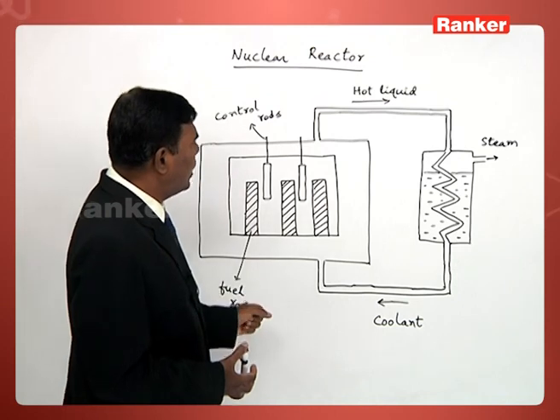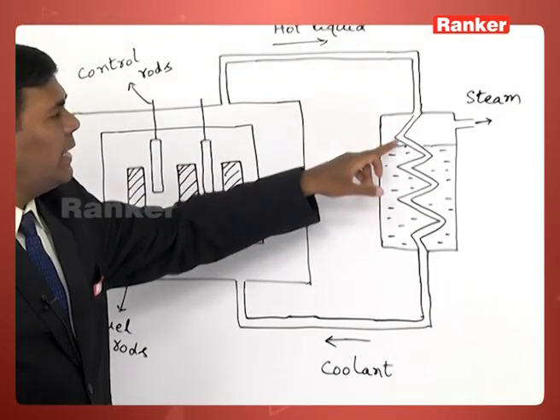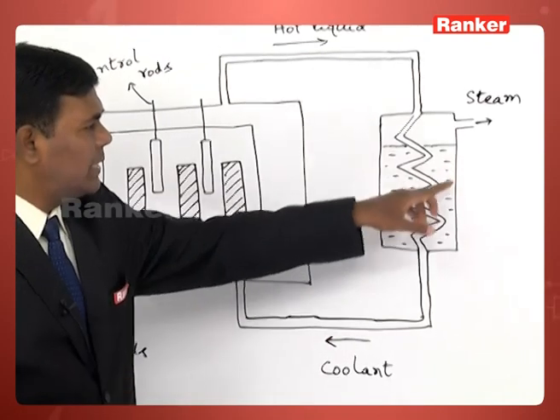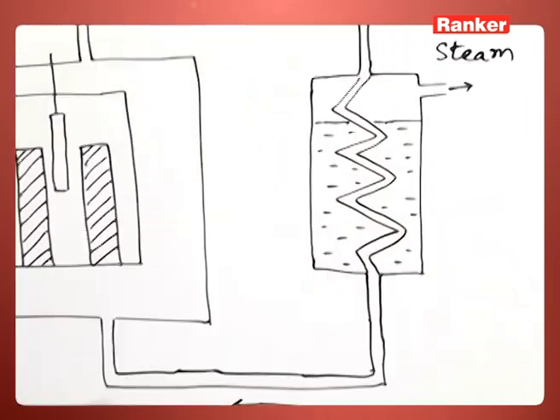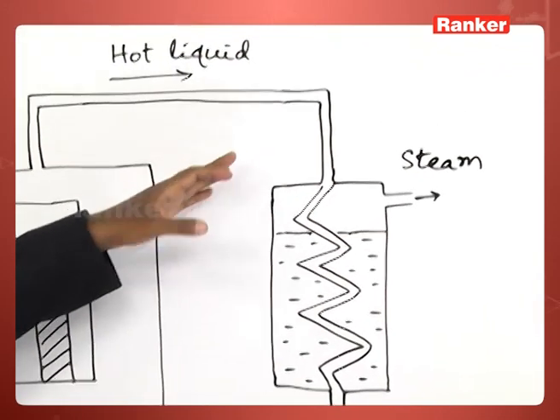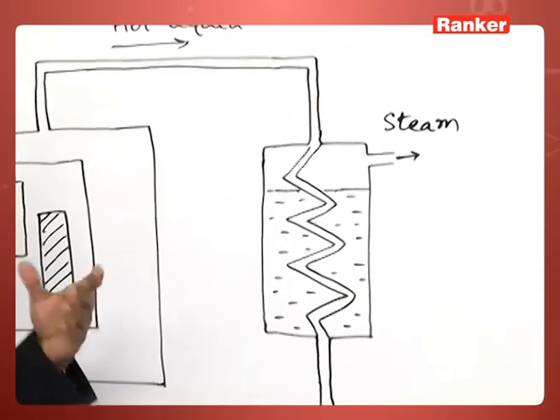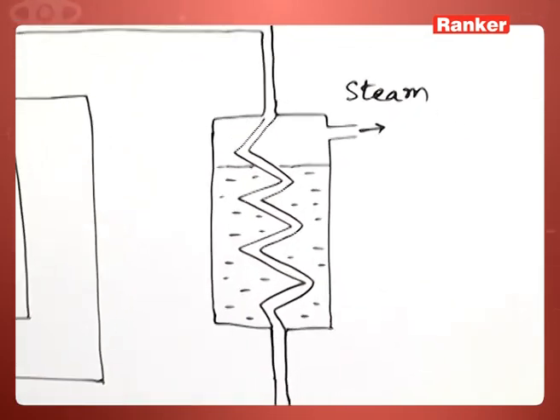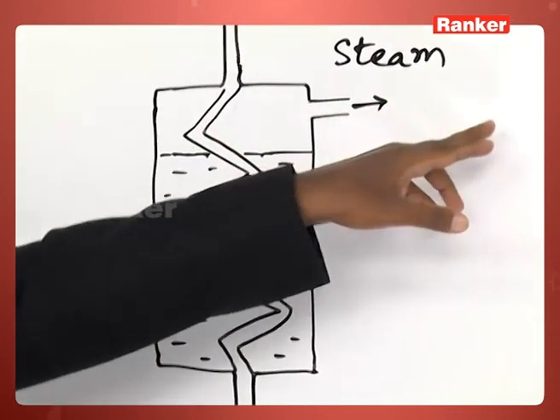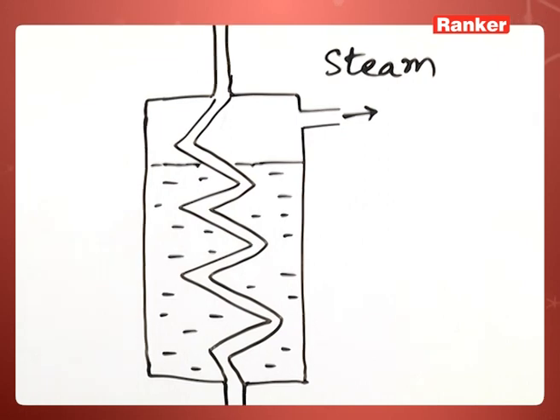It becomes very hot, and that hot liquid is sent into a heat exchanger, which consists of water. By absorbing the heat from the hot liquid, the water evaporates and steam is produced, and that steam is used to run a conventional turbine, which produces electric power.